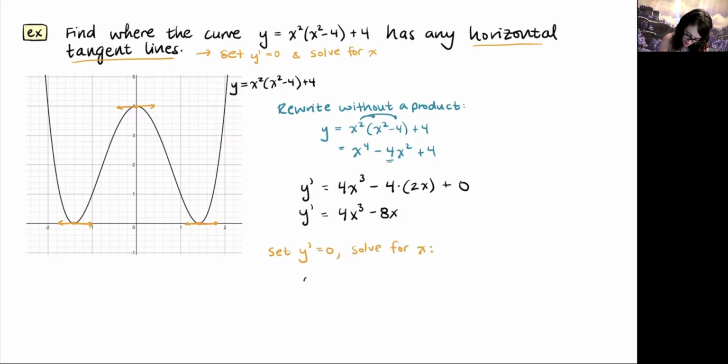Okay, so we say 0 equals 4x cubed minus 8x. Now to solve any equation where you have an x in more than one place, here we have x cubed and x to the first, the thing that you want to do always, 100% of the time is factor. So on the right-hand side, this is a cubic, but it's got a GCF of a 4x that we could take out.